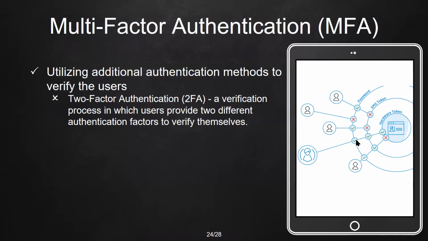So that's why he is able to access the system. This one also failed although it successfully authenticated, but failed on the third layer. This is an example of 3FA.